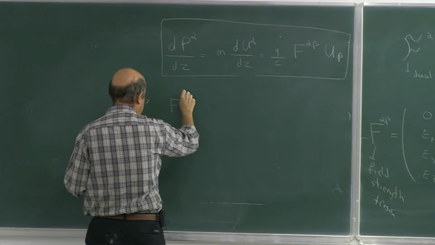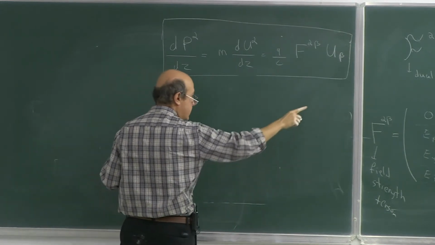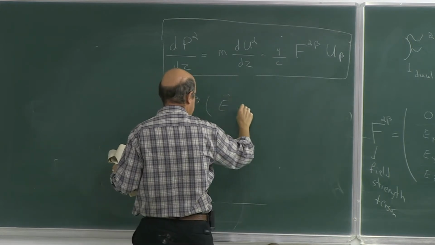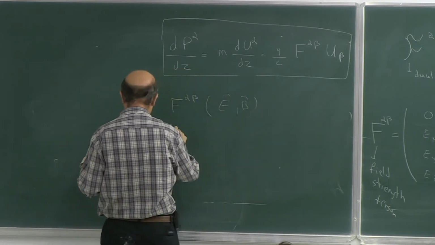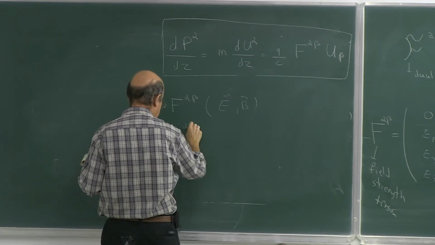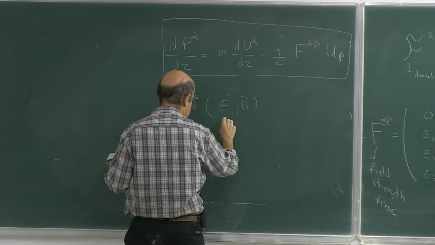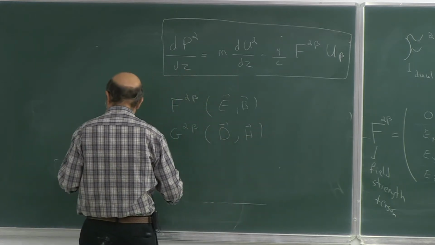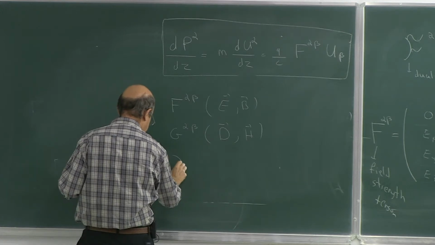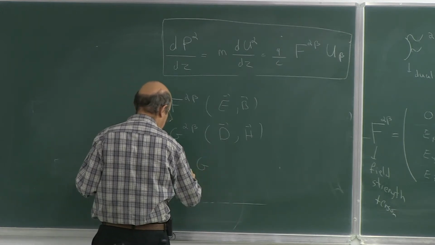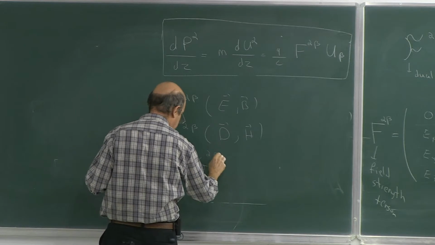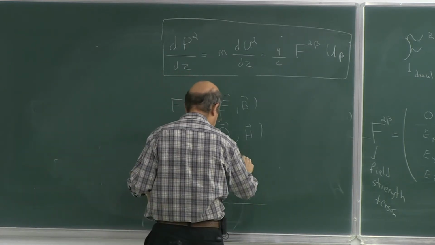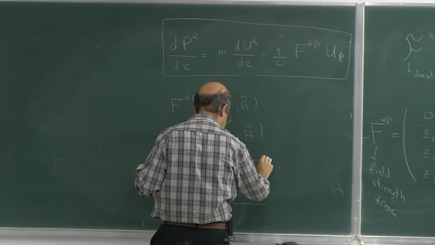F alpha beta has the components of E and B, but in matter we call it, let's say, G alpha beta, that is nothing but the electric displacement and H. Maxwell's equations become: del over del alpha G alpha beta is equal to 4 pi over c J beta.